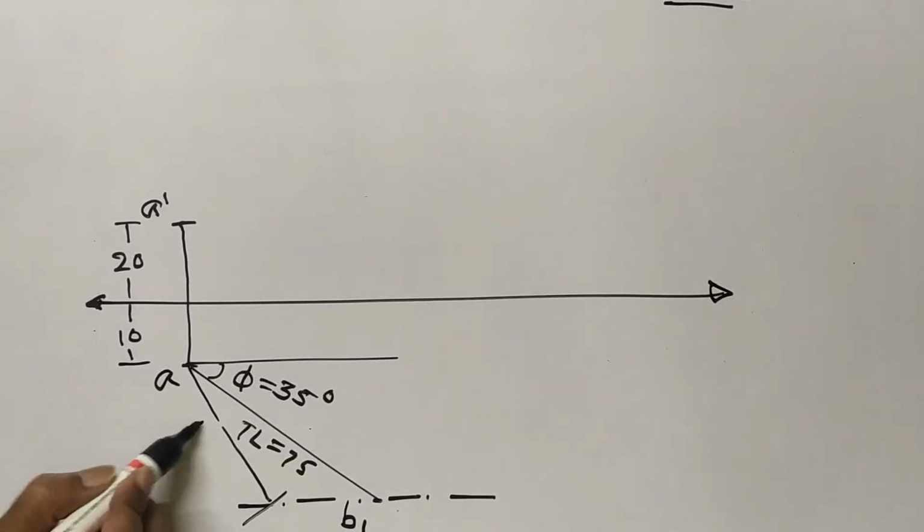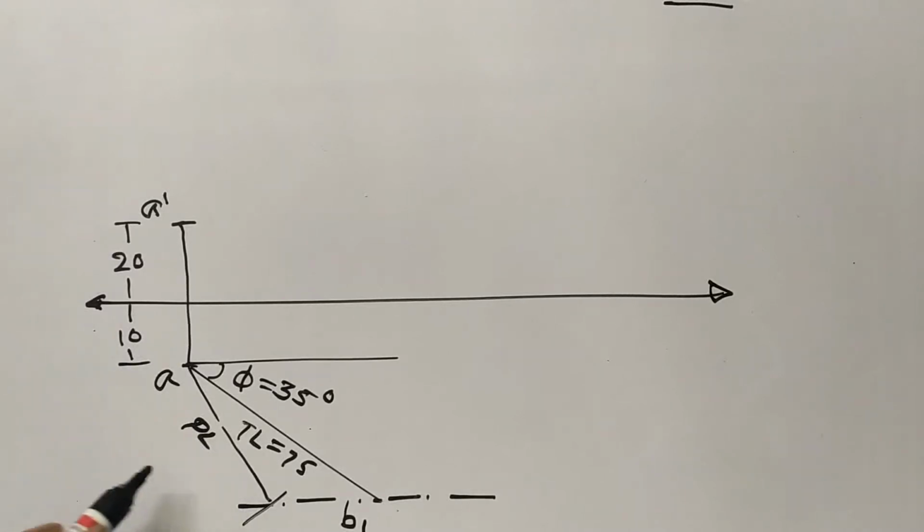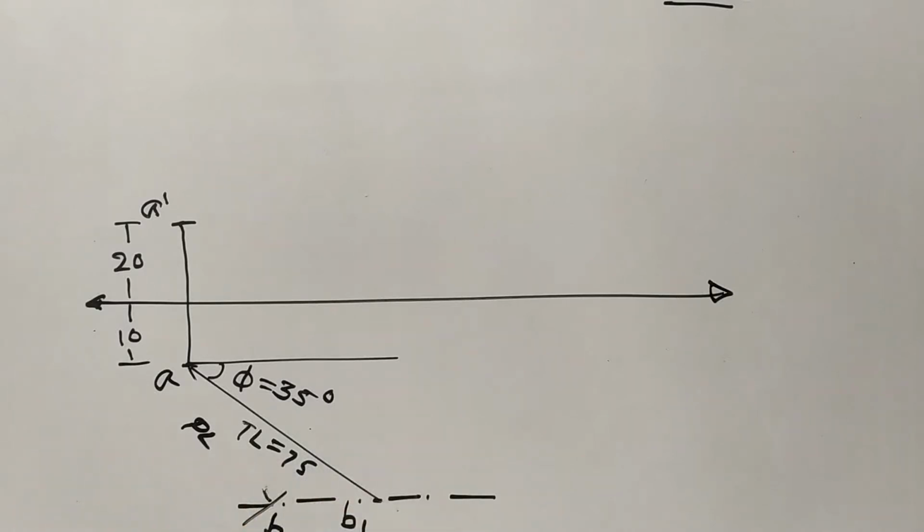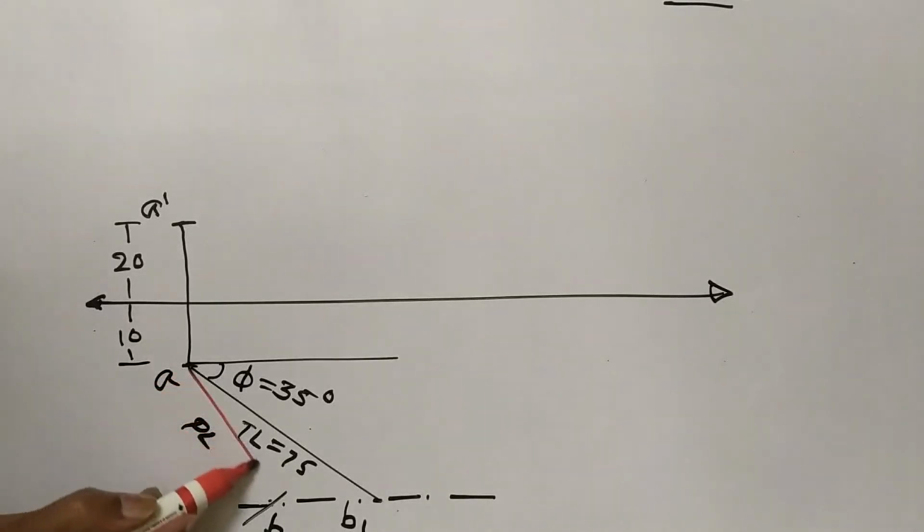So this is my plan length. I have cut it. So this is AB. Plan length is equal to 50 mm. It is given. So I have got the final plan length here. So I will join it after cutting it. So this will be my plan length after cutting it.